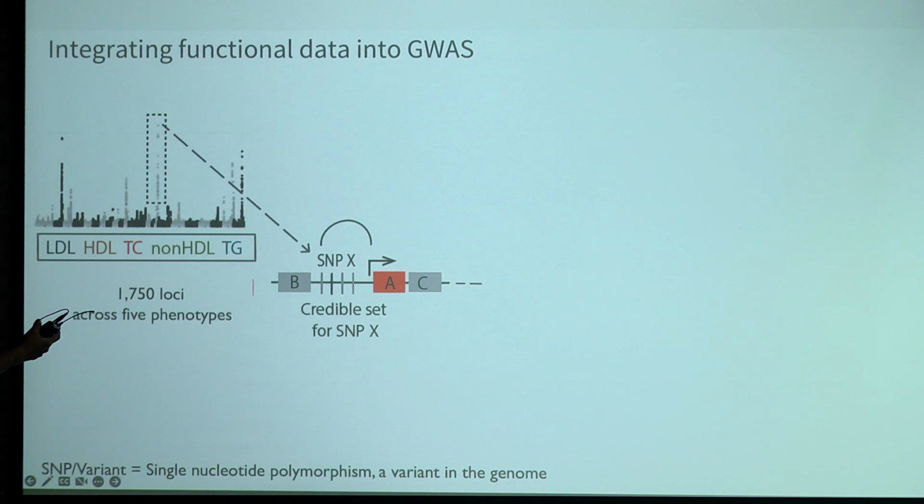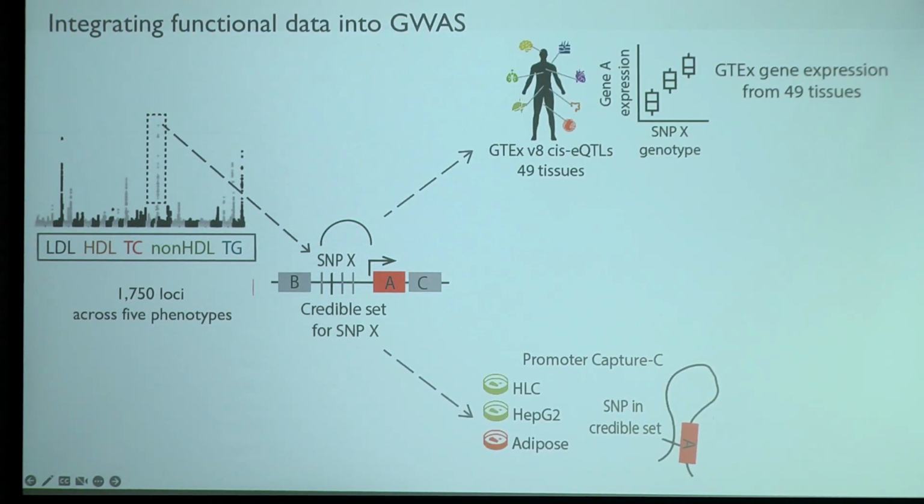What we then do is integrate this genetic information with functional genomics data, for which we have a lot more now. We integrated with eQTLs, and I'll talk about that a little bit. These are variants that affect gene expression. We also integrate these with what's called promoter capture-C, which tries to capture the three-dimensional looping of DNA in the nucleus, right?